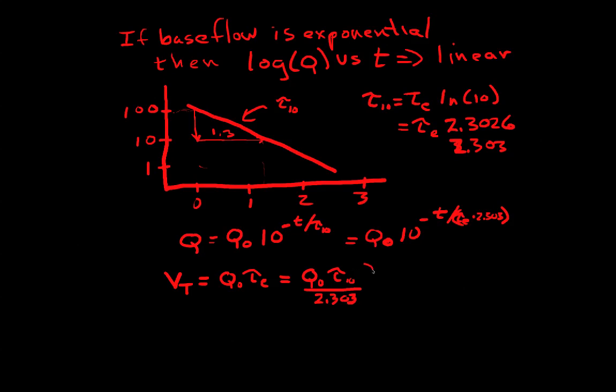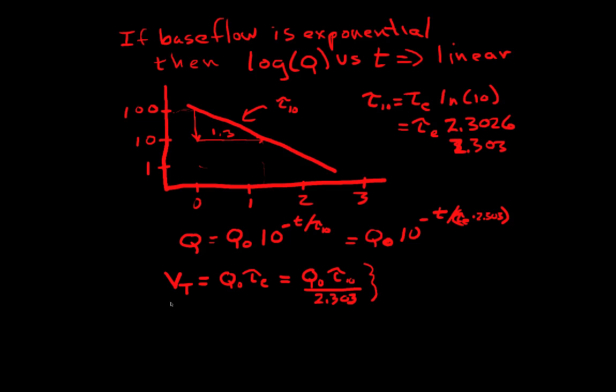So this gives us the total available water at time 0 in our aquifer simply by plugging in the base flow discharge, Q naught, and multiplying that by the base 10 time constant, dividing by 2.3.